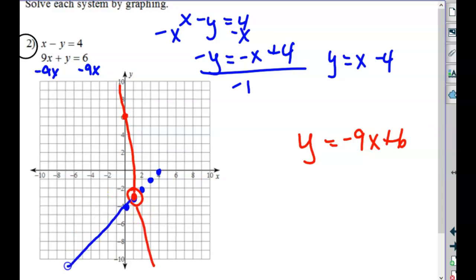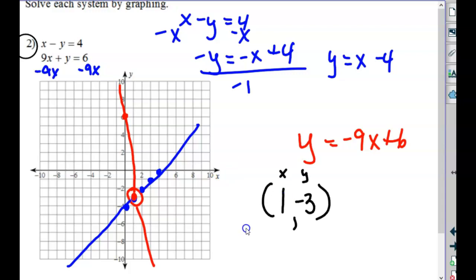My horrible graphing. But the answer to this question then is that the system is consistent, meaning it has a solution, and the solution is what ordered pair, guys? 1, -3. Be very careful that you give x and y.